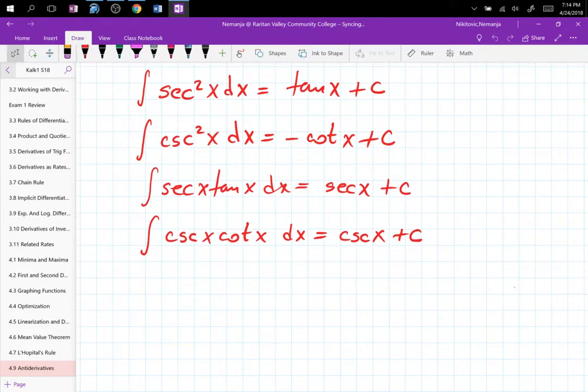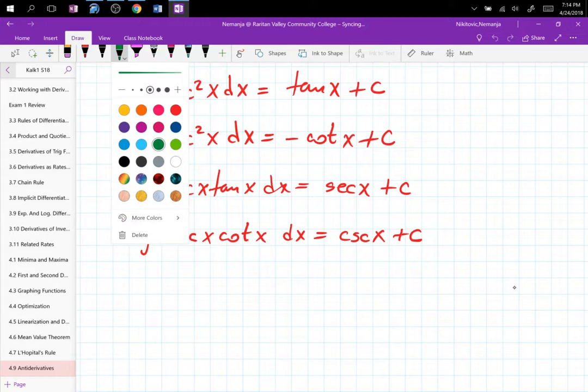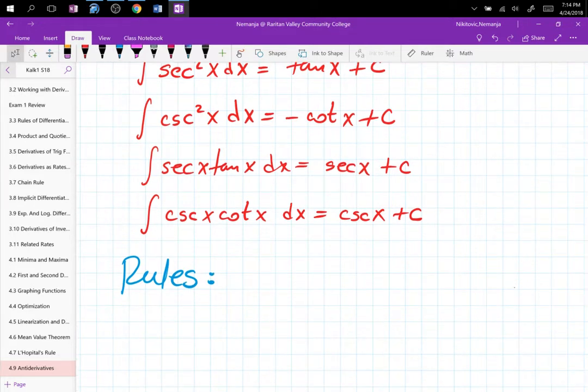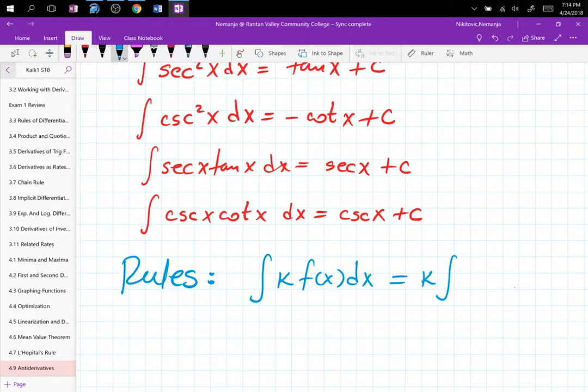I want to write a few of the rules so that we understand that as well. Rules. Integral of a constant k times a function dx, you can kick constant k outside. Plus c.